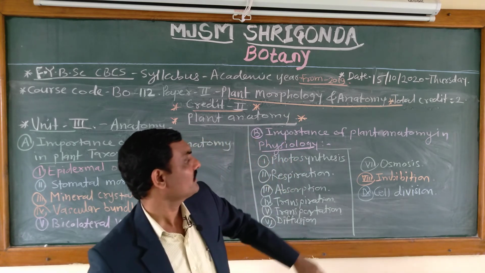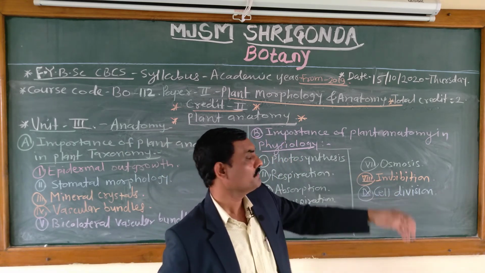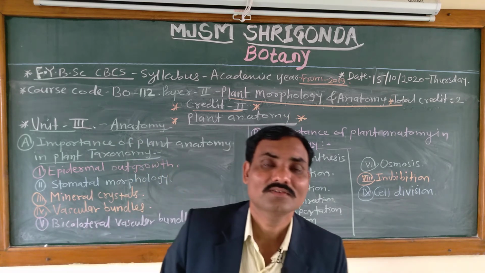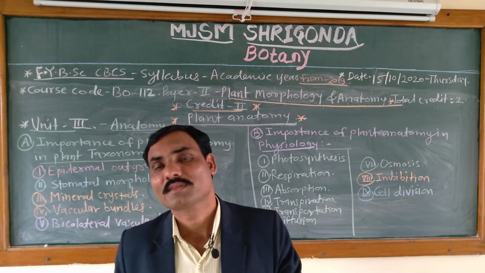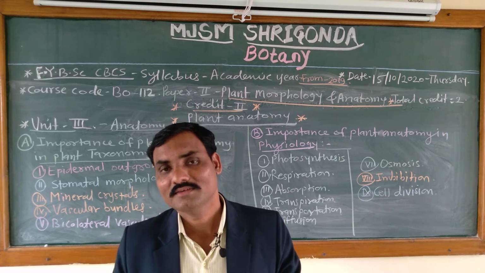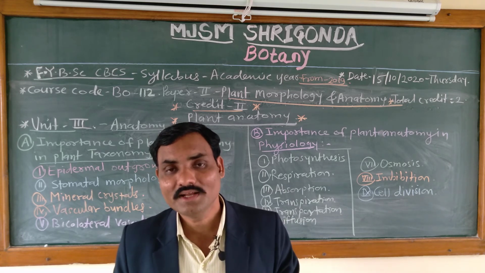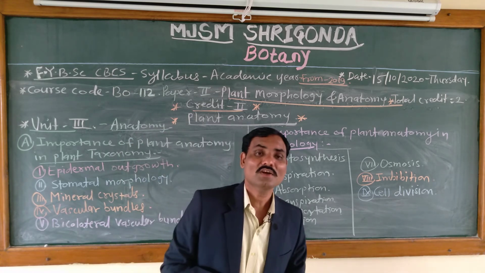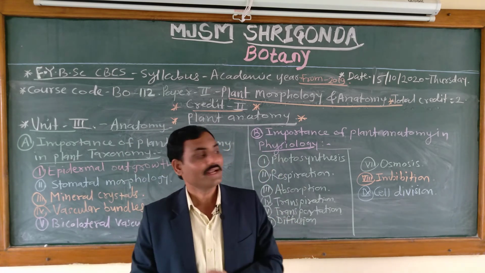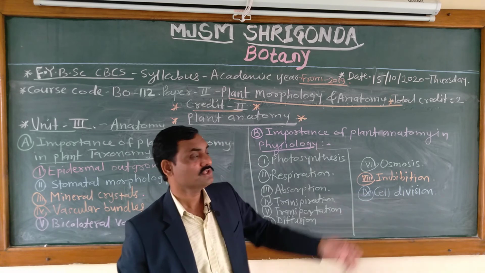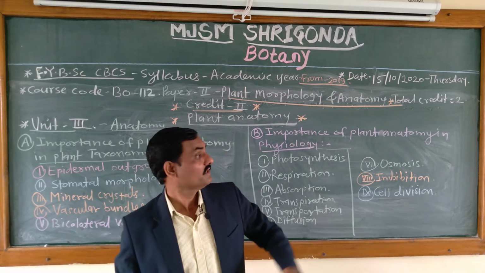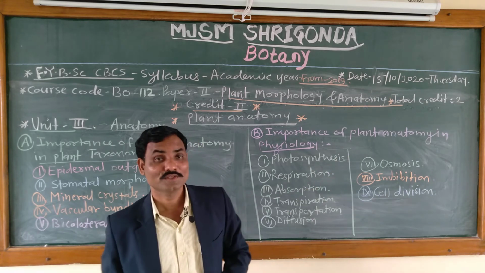And next to that is imbibition: how a cell absorbs water and how that cell becomes turgid, how imbibition takes place. Without the study of anatomical structure, we cannot understand the process of imbibition, and therefore anatomical structure plays a very vital role in the process of plant physiology.